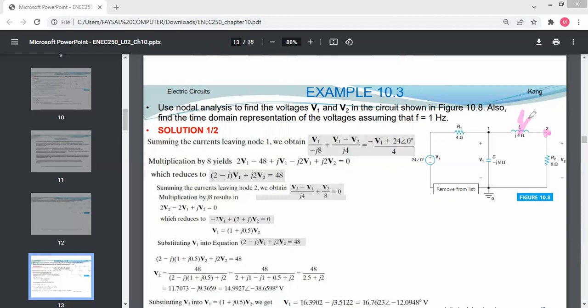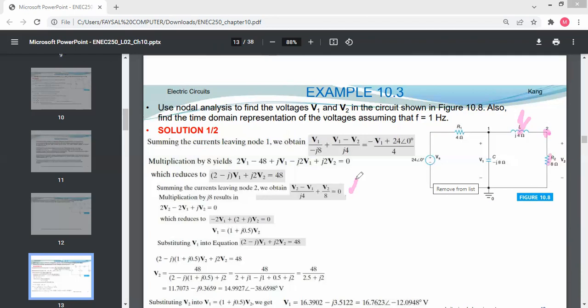Then plus v2 divided by the value between, which is basically 8. So this will be equal to 0, because there is no source involved when I am taking the value with respect to nodal 2. So this value with respect to my source current will be equal to 0.